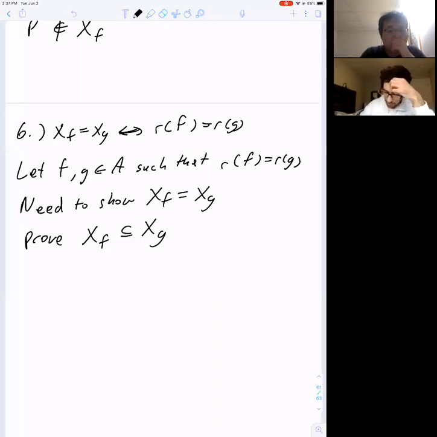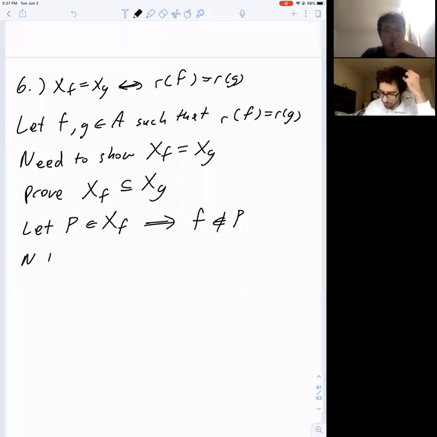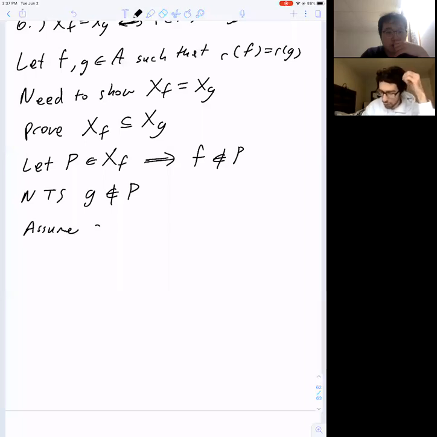So let P be a prime that is contained in X sub f. So that means f is not in P. I need to show that g is not in P. So first of all, if f is not in P and the radicals are the same, let's assume g is in P by contradiction.